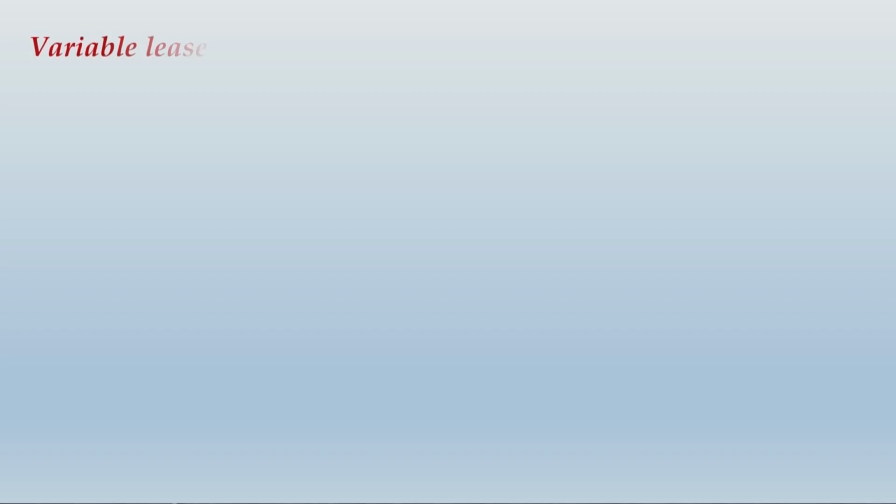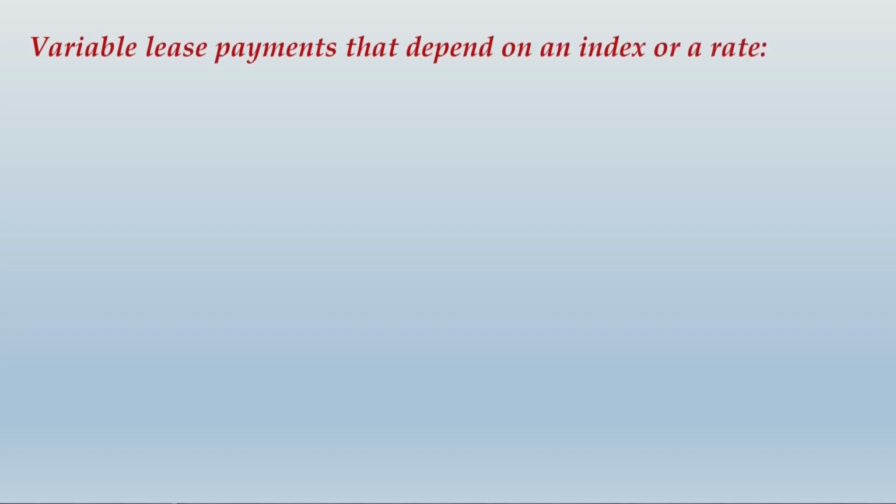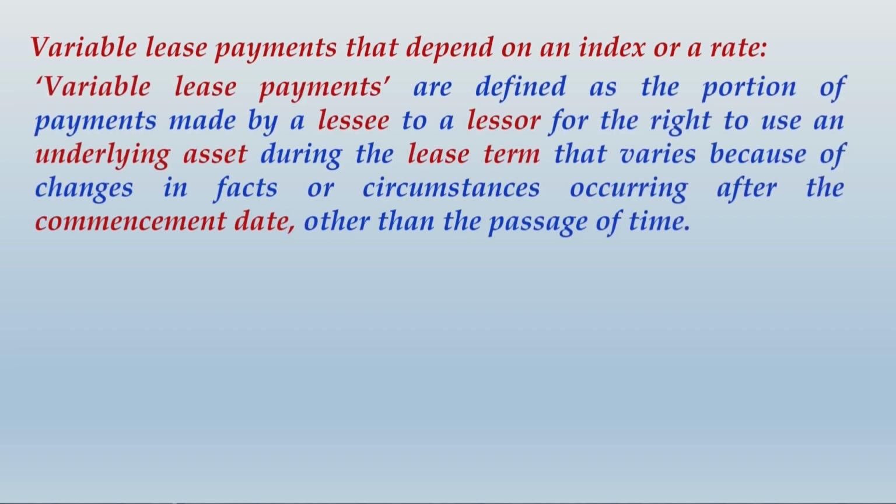So friends, based on what we have discussed about variable lease payments, we can conclude by writing: variable lease payments that depend on an index or a rate are definitely part of the lease payments. Variable lease payments are defined as the portion of the payments made by a lessee to a lessor for the right to use an underlying asset during the lease term that varies because of changes in facts or circumstances occurring after the commencement date, other than the passage of time.